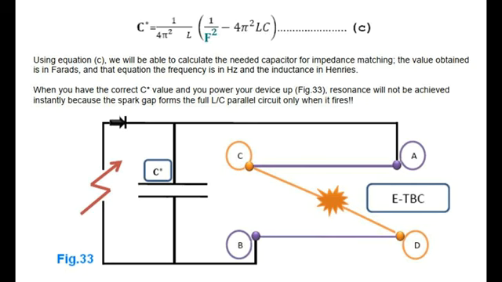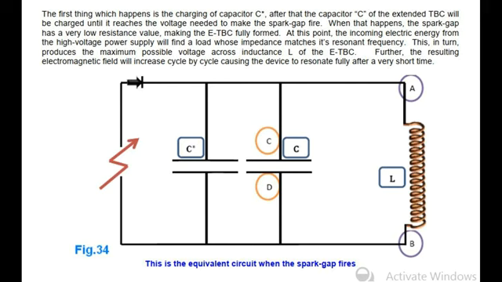When you have the correct C** value and you power your device up, Fig 33, resonance will not be achieved instantly because the spark gap forms the full L/C parallel circuit only when it fires. The first thing which happens is the charging of capacitor C**. After that the capacitor C of the extended TBC will be charged until it reaches the voltage needed to make the spark gap fire. When that happens, the spark gap has a very low resistance value, making the ETBC fully formed.